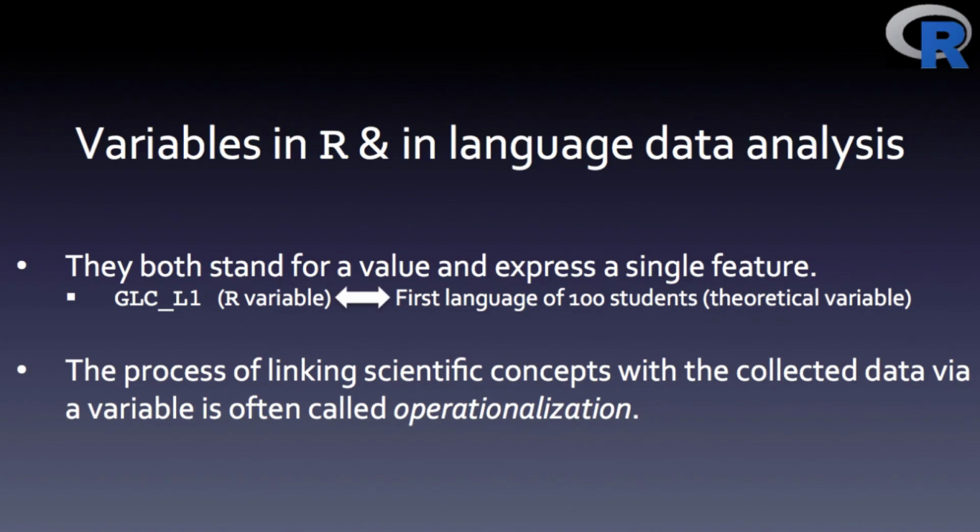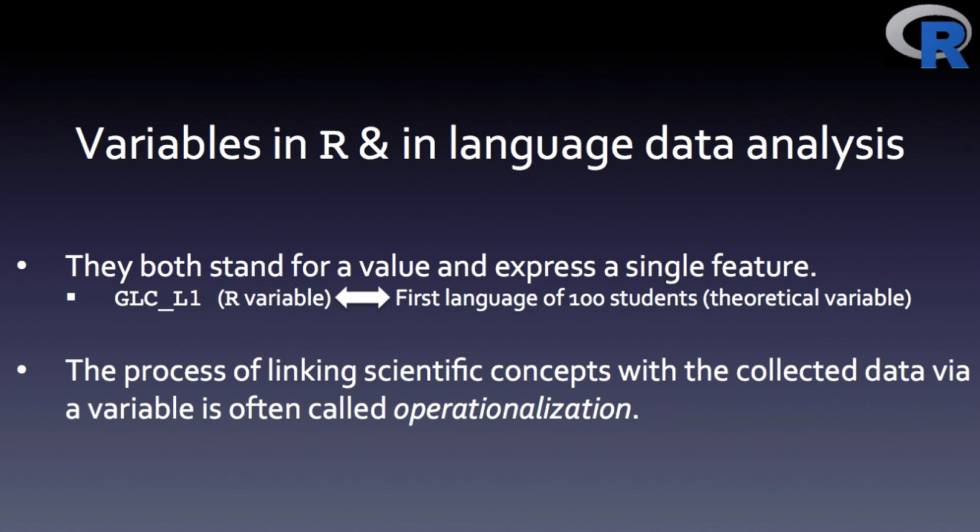R variables resemble the variables used for language data research. This means that they both stand for a value and express a single feature. For instance, glc_L1 is a variable that stands for a vector of the glc.sample package and encodes a language data variable, namely the first language of 100 students. glc_L1 is then an R variable that links the concept of a first language with the actual collected student data.